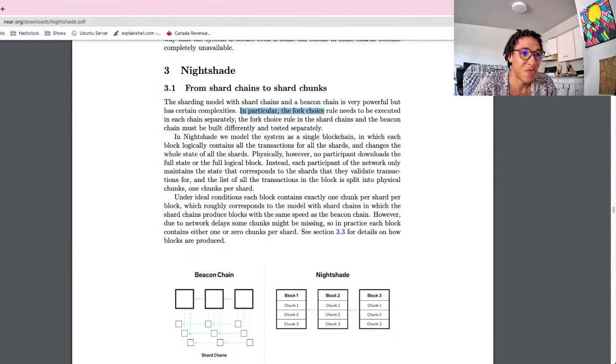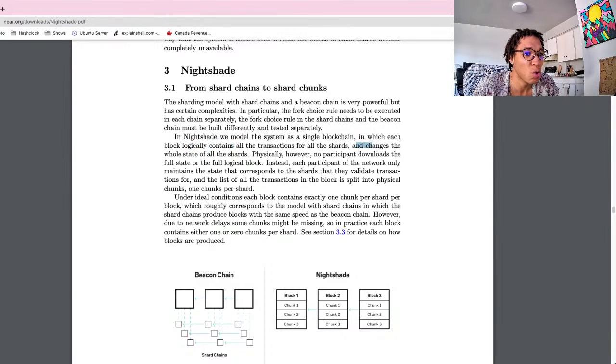The fork choice rule in the shard chains and the beacon chain must be built differently and tested separately. That makes sense. In Nightshade, we model the system as a single blockchain in which each block logically contains all the transactions for all the shards. So a lot of extra overhead, but let's see how that works.